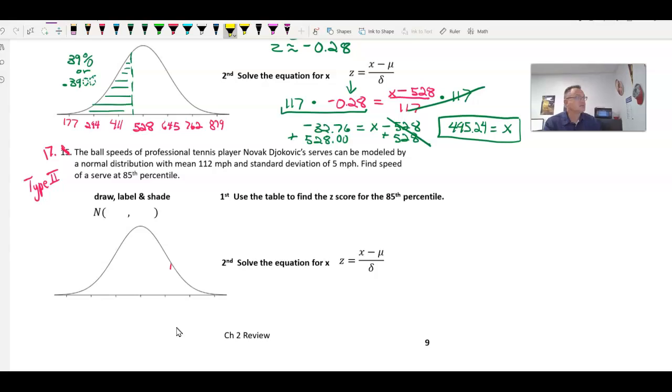All right, so it's the same problem as the second one on the previous page, except now you want to find the speed that goes with the 85th percentile. So this again is a type 2. All right, so let's see, we got 1, 1, 2, and then 1, 1, 2, this is 5, 7, 27.